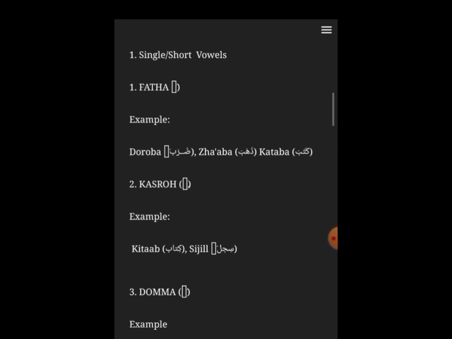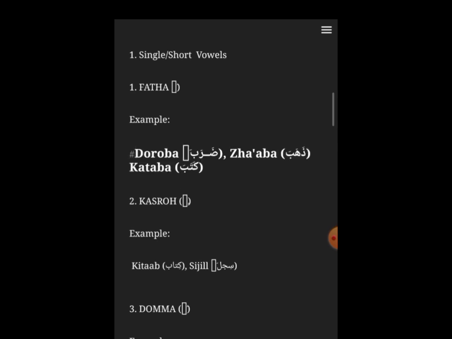In this fatha, you see it in the form of a dark diacritical sign, a stroke on top of the consonant. An example is what you have here. We have barab. That sign that you see here on top of the consonant is what is called fatha.